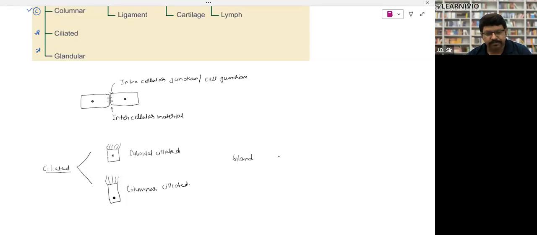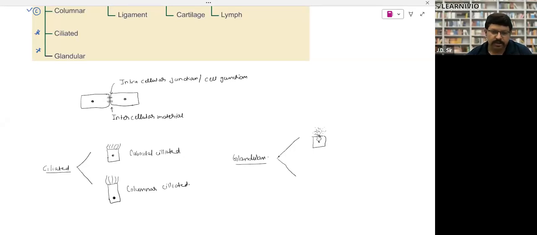Glandular. Same with the glandular. So what is the function of glandular tissue? Glandular tissues work like a gland, they secrete something. So when a cuboidal tissue, this cube-like structure, develops a gland-like structure and is secreting some substance, like it may be an enzyme, it may be a hormone, or it may be anything, right?